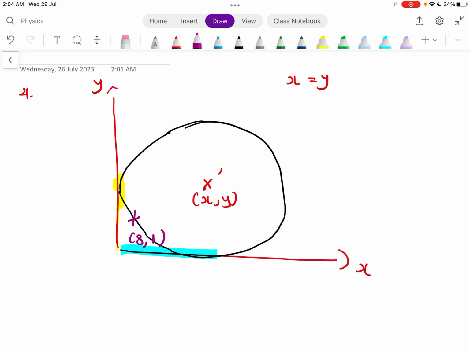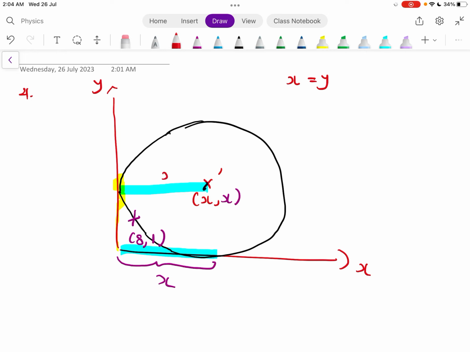First, since I already know the x and y coordinates are the same, I don't put x, y, I put x, x. Of course, we know that from here to here is x. And we also know that from here to here is the radius.